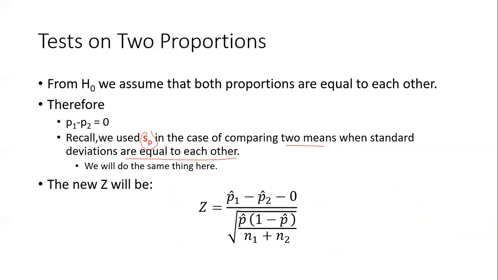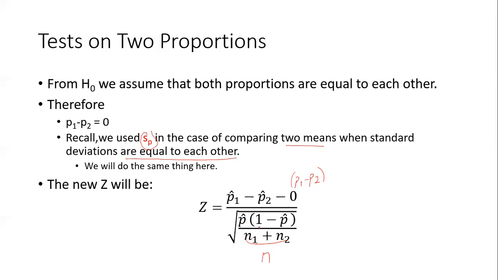And the new z will be p1 hat minus p2 hat minus 0. This is just coming from the null hypothesis, p1 minus p2, divided by, instead of that whole mess in the previous slide, we just write a single pooled p hat. So this is the square root of p hat times (1 minus p hat) divided by n, which is the sum of two samples.